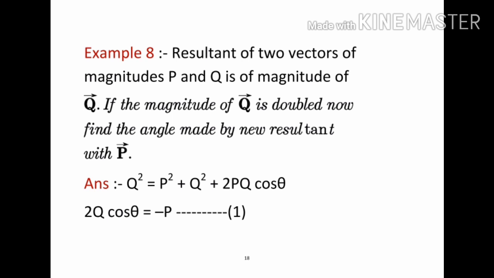Therefore, by using the resultant formula, that is r is equal to root of a square plus b square plus 2ab cos theta, we can get q square is equal to p square plus q square plus 2pq cos theta. That means 2q cos theta is equal to minus p. That is taken as the first equation.